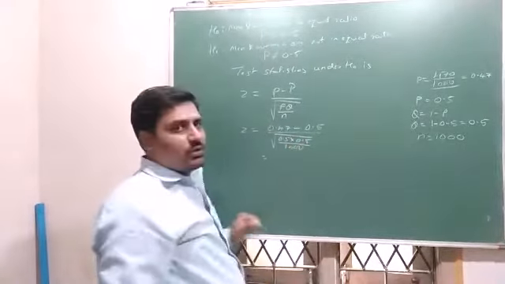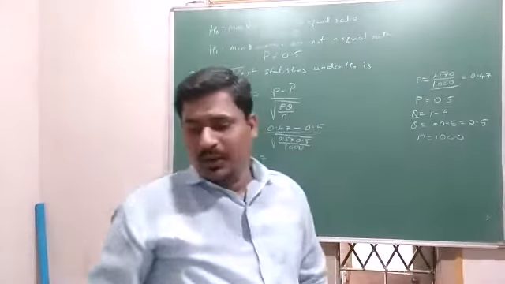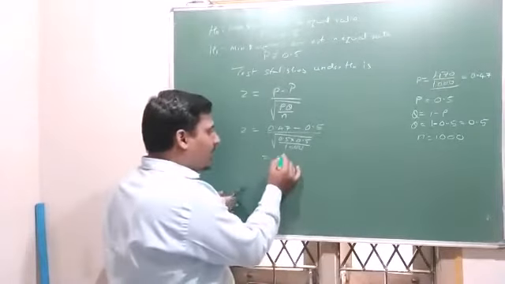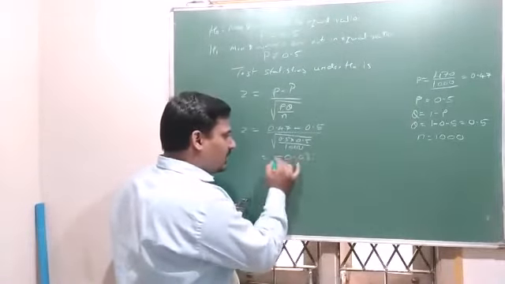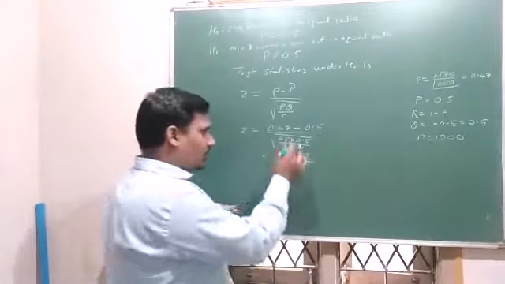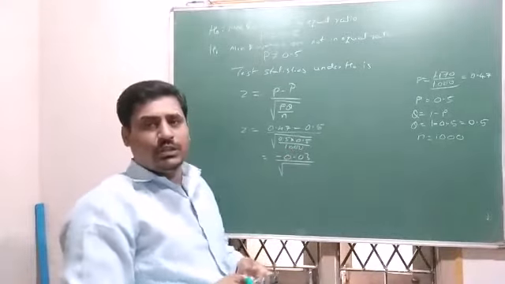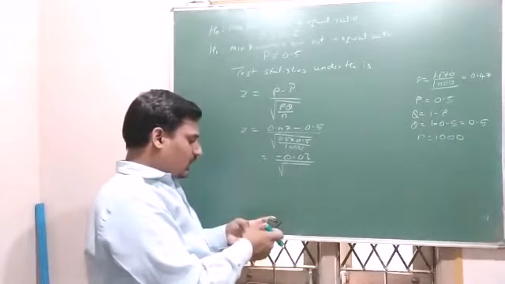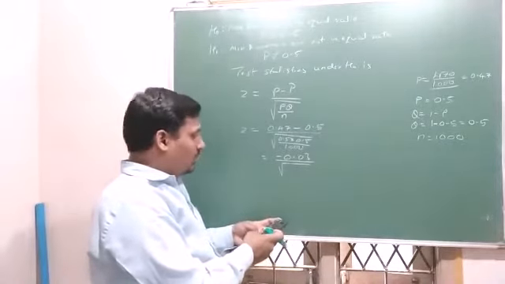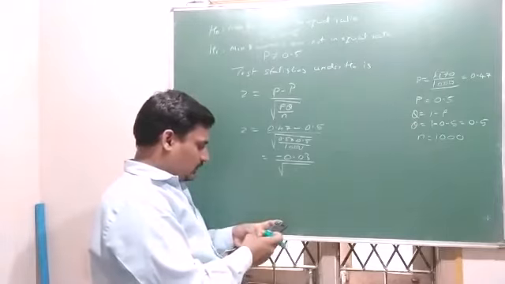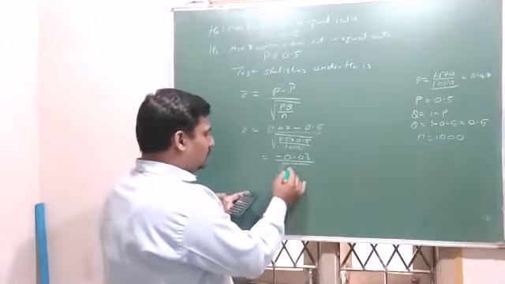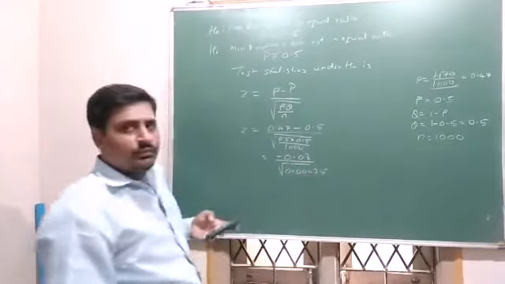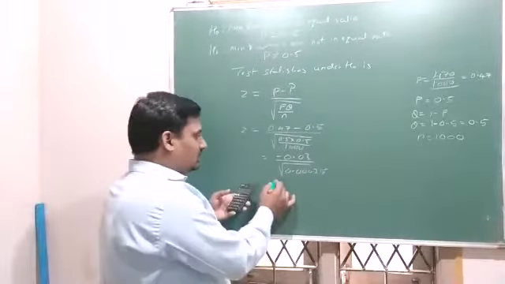So 0.47 minus 0.5 is minus 0.03, divided by root of 0.25 divided by 1,000, which is 0.00025.